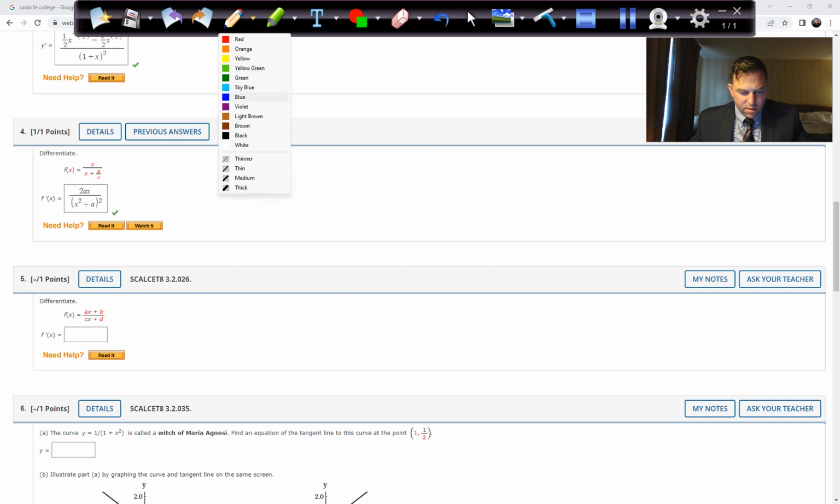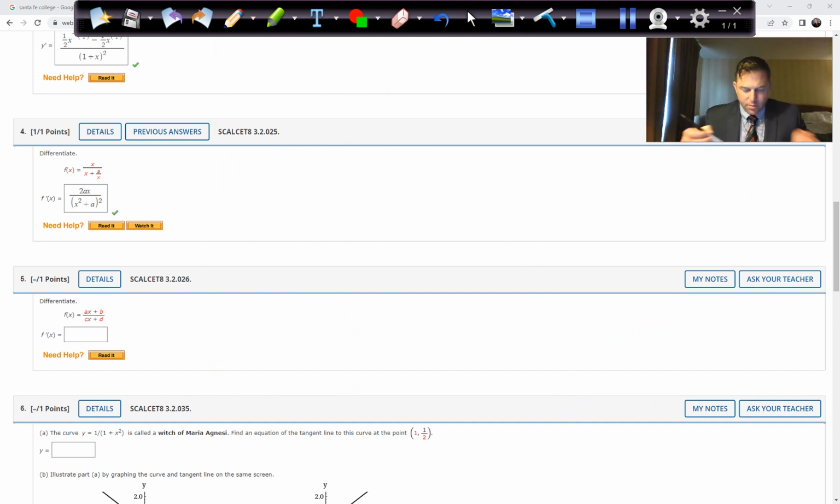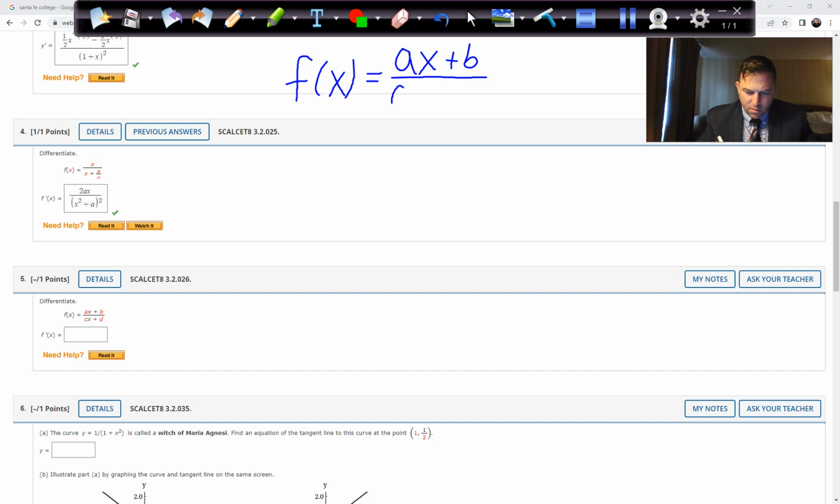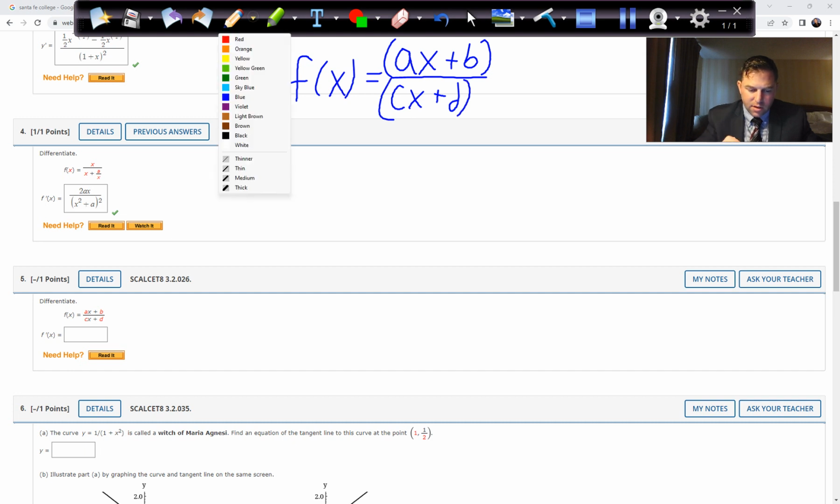Very, very similar. We have some function that is ax plus b on top over cx plus d on the bottom. Let me use parentheses to make it more clear. This will be little f, this will be little g.